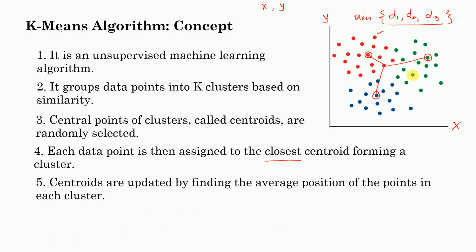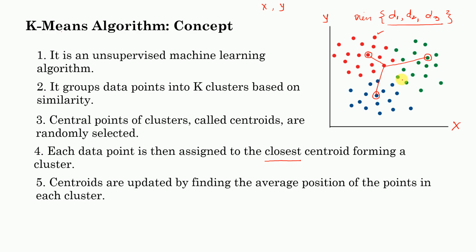Now what we have to do? It means after this step, we have three different clusters. Suppose you have initially assumed three clusters. So we have three clusters and every point is assigned to a cluster.